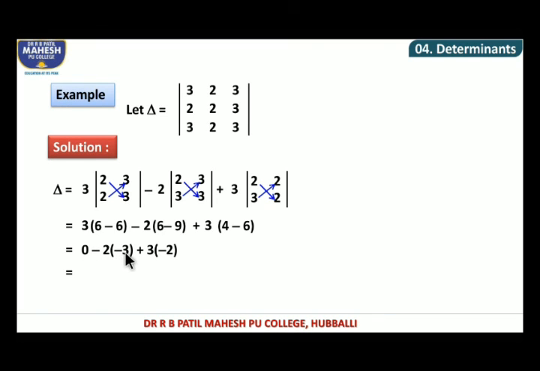Minus 2 into minus 3 is plus 6, and 3 into minus 2 is minus 6, so 6 minus 6 becomes 0. So the value of this determinant is 0, because R1 and R3 are identical, meaning the corresponding elements are equal. So property 3 is verified.